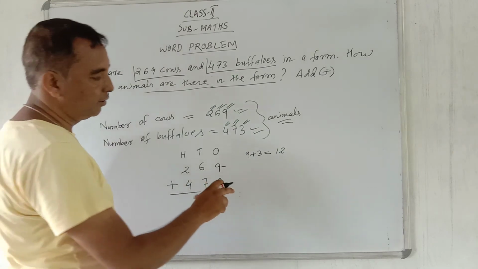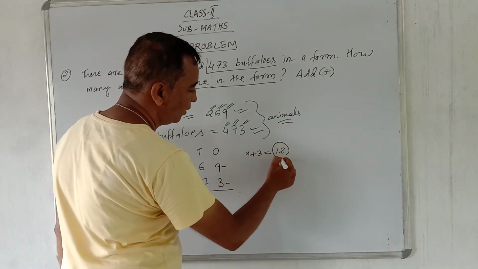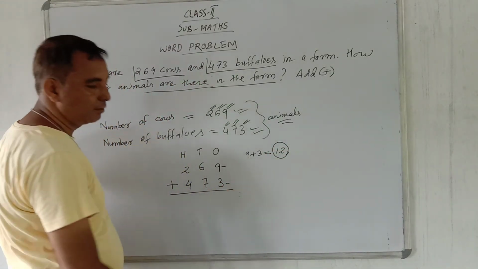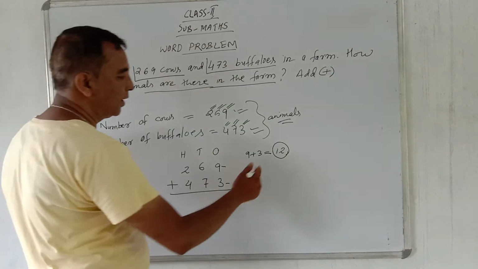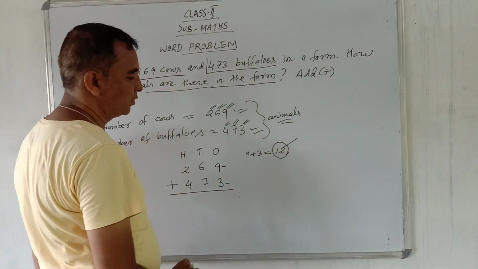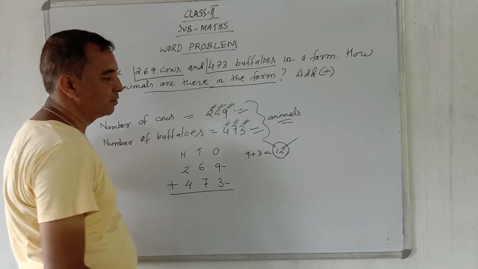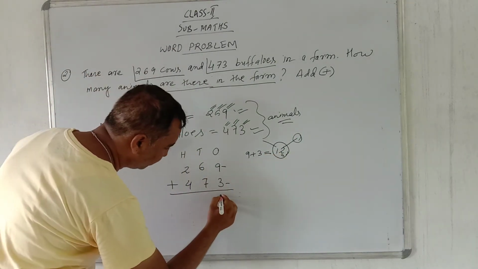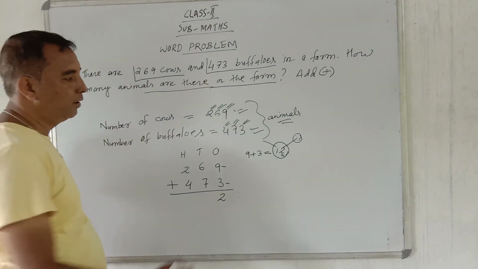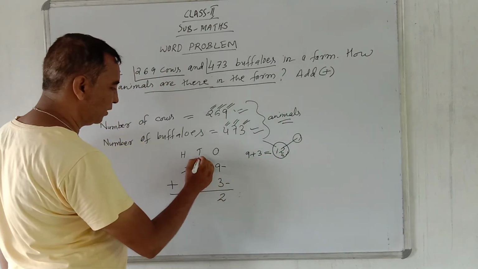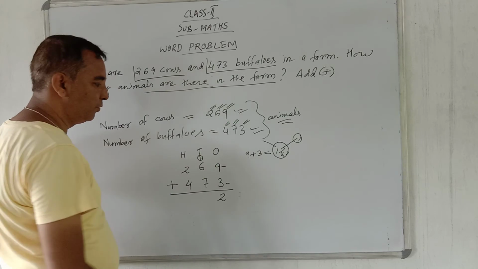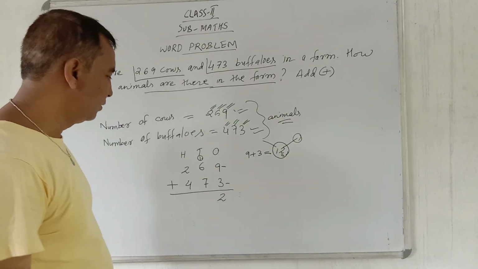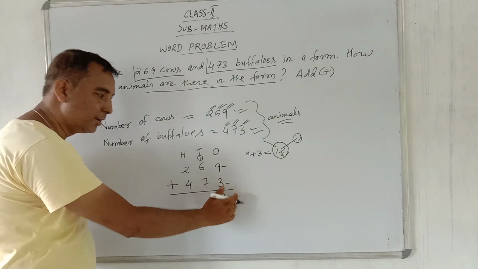As I already told you, both digits we cannot write together here. So 2 is in the ones place and 1 is in the tens place. So here in the ones place I have to write 2. And 1 is in the tens place, so I will carry it over above the 6. You got it properly?